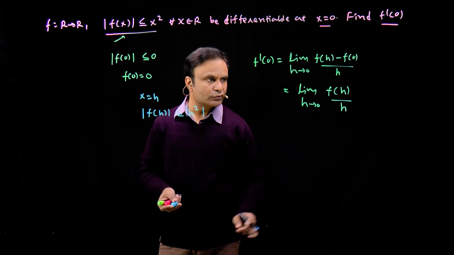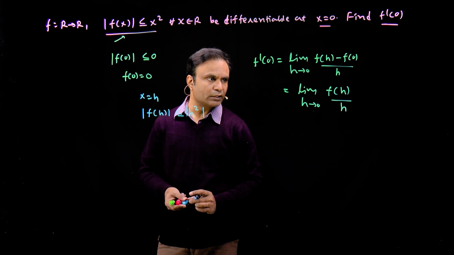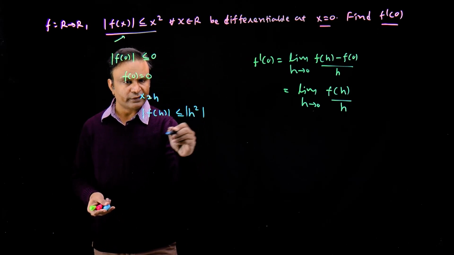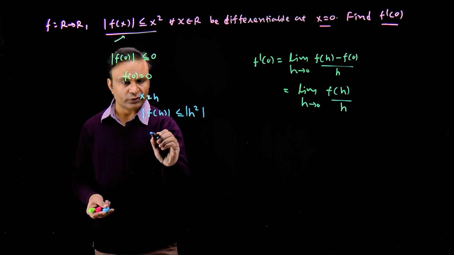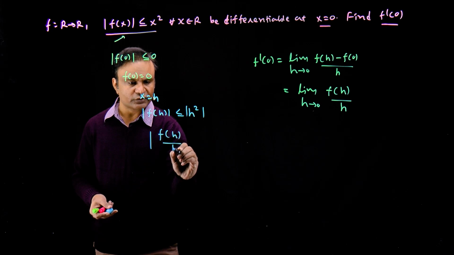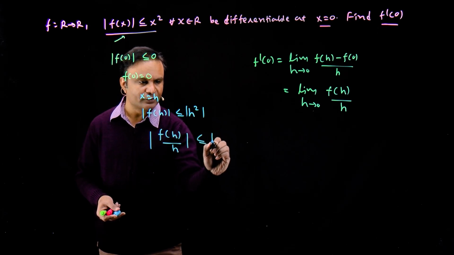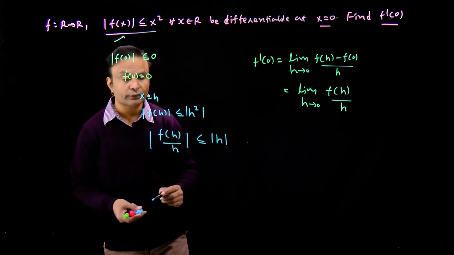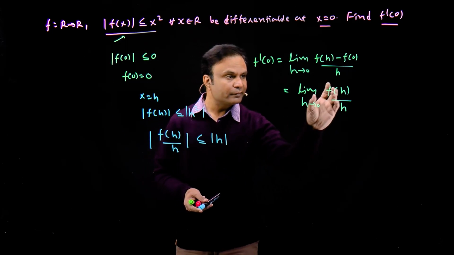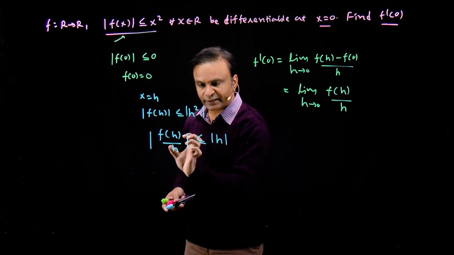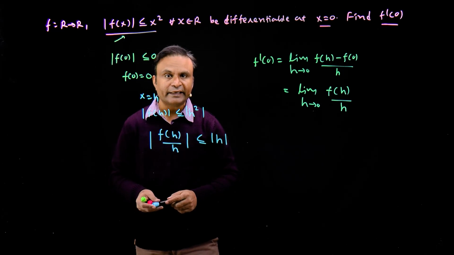Now to have this ratio f h upon h, I will divide by modulus of h. So I get here modulus of f h upon h less than or equal to modulus of h. In fact, I am creating f h upon h here from this given inequality.